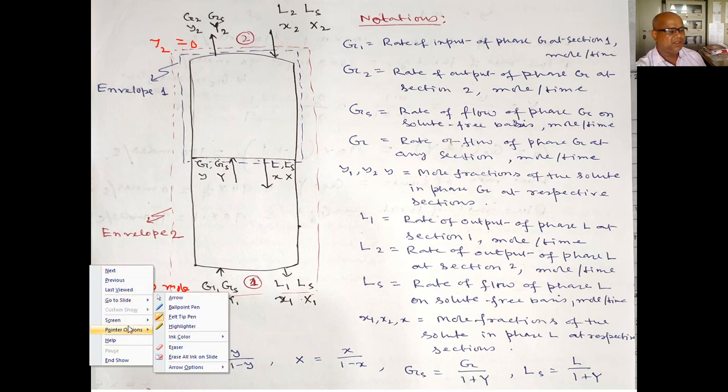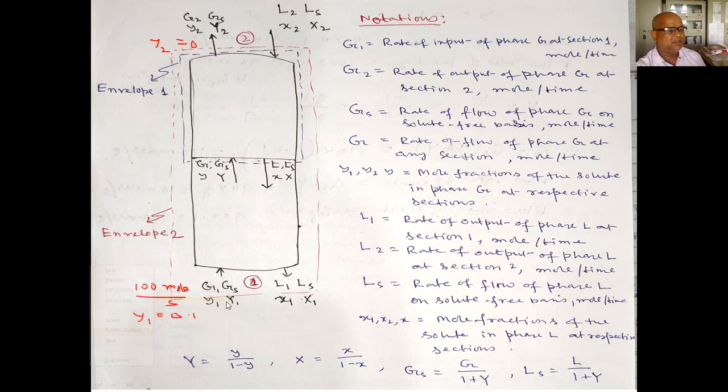If this is the case, then here the total flow rate is 100 moles, y1 is 0.1, meaning ammonia is 10 moles, and the remaining 90 moles are air, which is inert and not changing. 90 moles will flow from this place to this place.